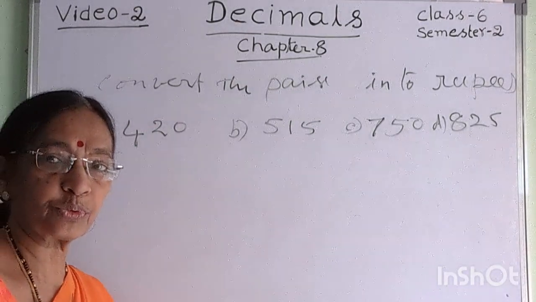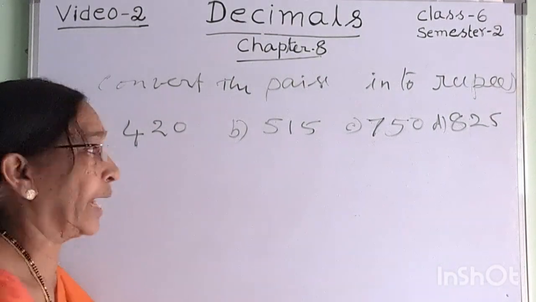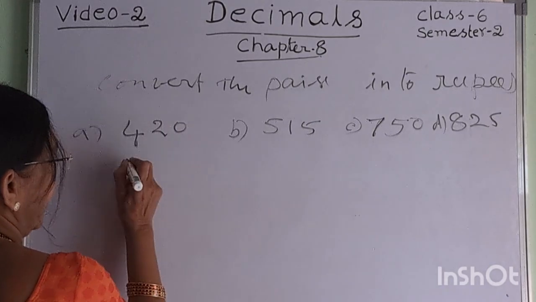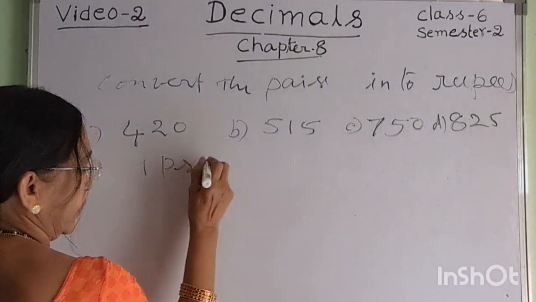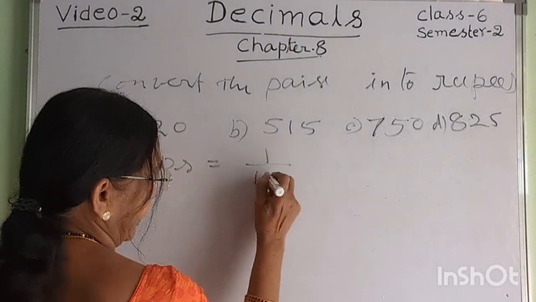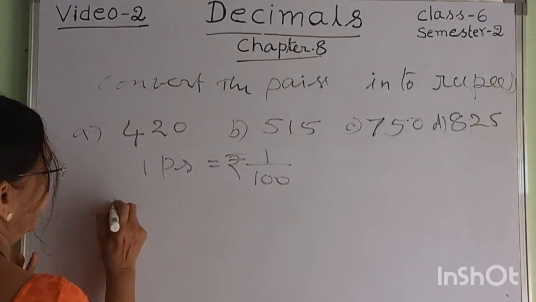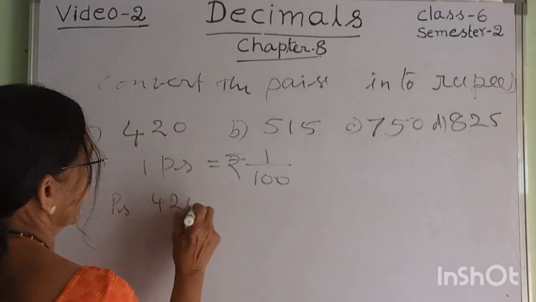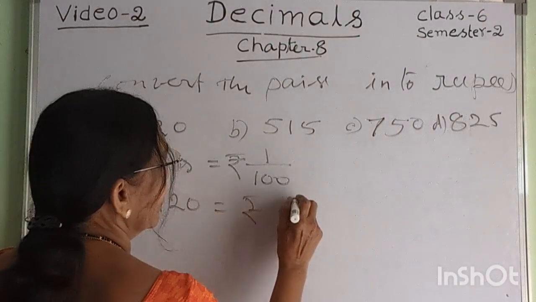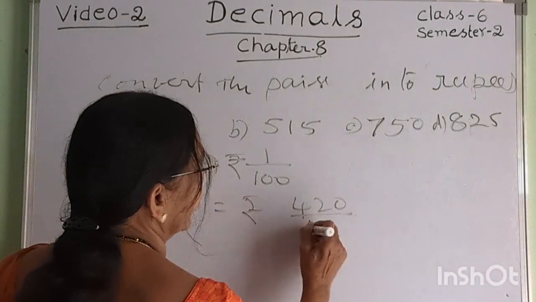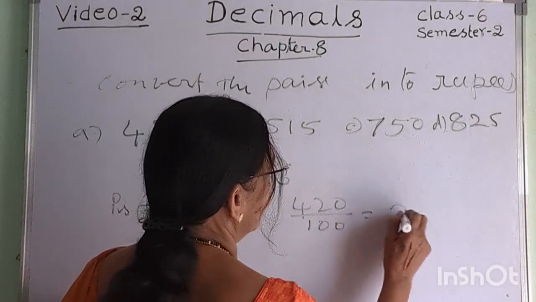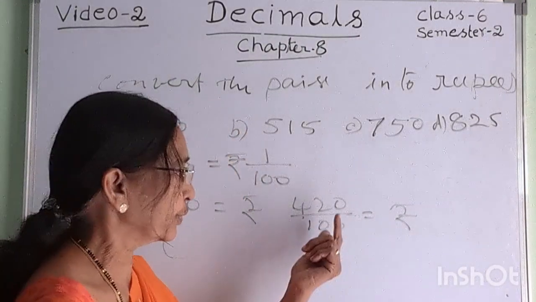To convert into rupees, we have to divide by 100 because 1 paise is equal to 1 by 100 rupees. Therefore, 420 paise is equal to 420 by 100 rupees. We have to put the decimal after 2 digits.